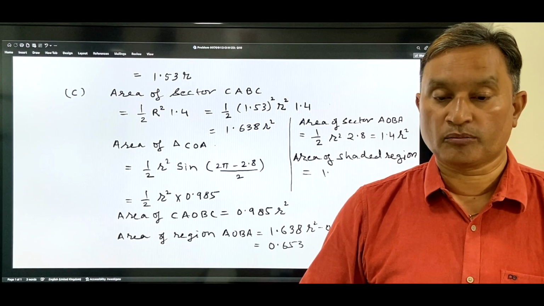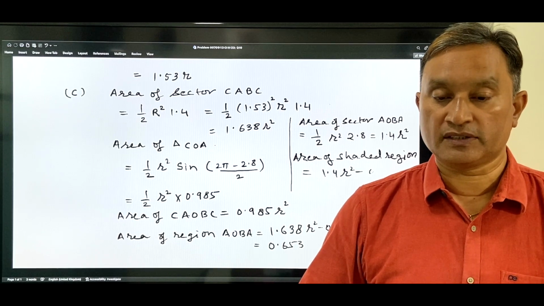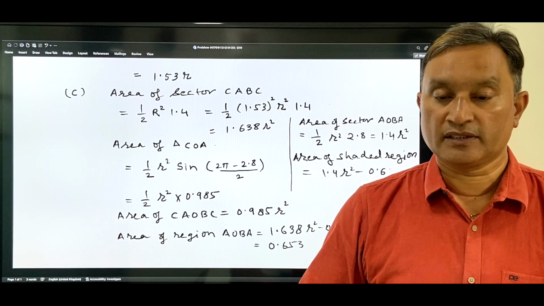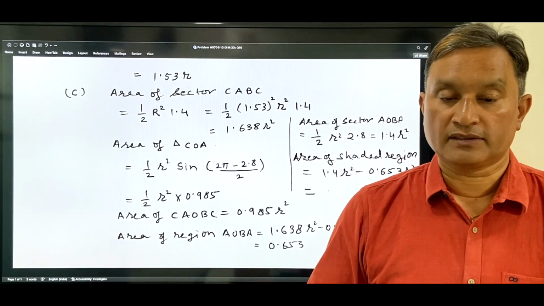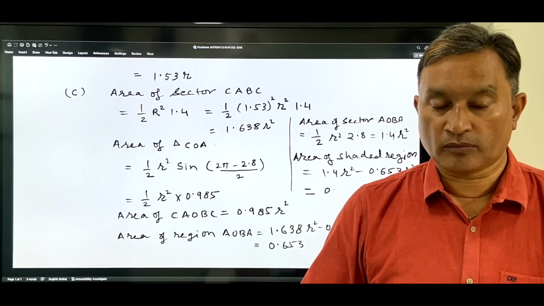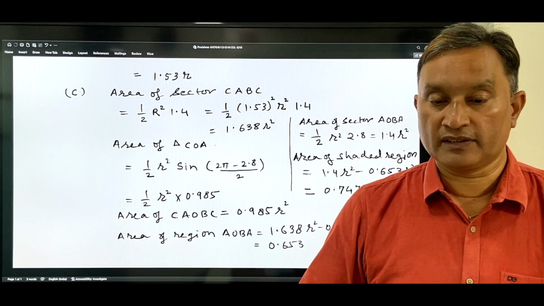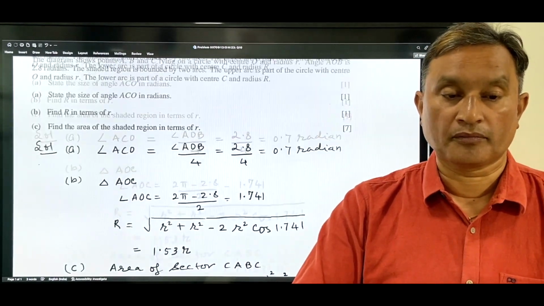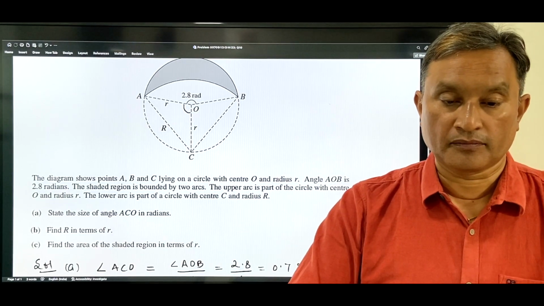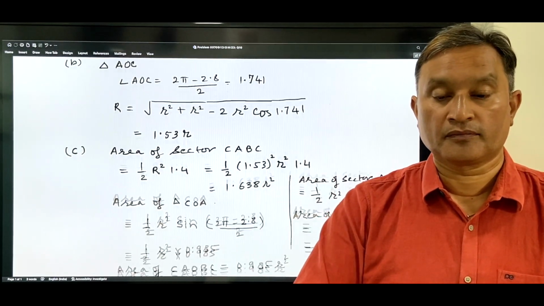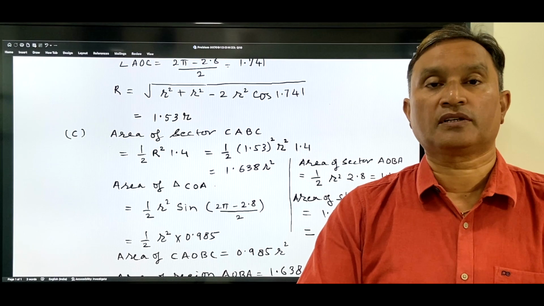So 1.4 r square minus 0.653 r square. Therefore the answer would be 0.747 r square. So this is the solution of the given problem.